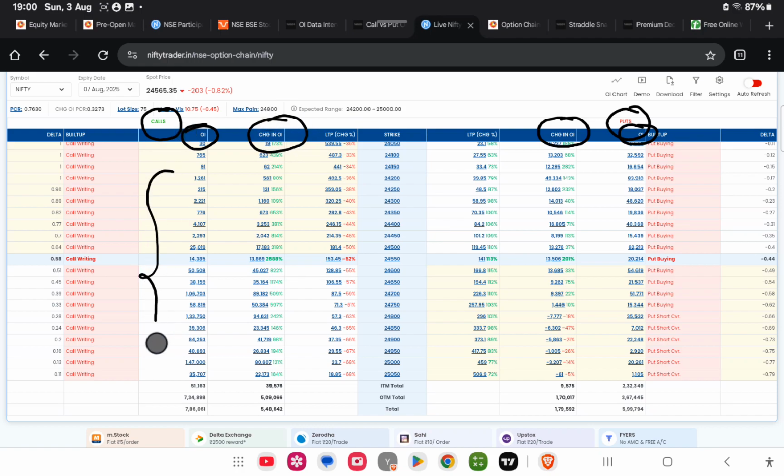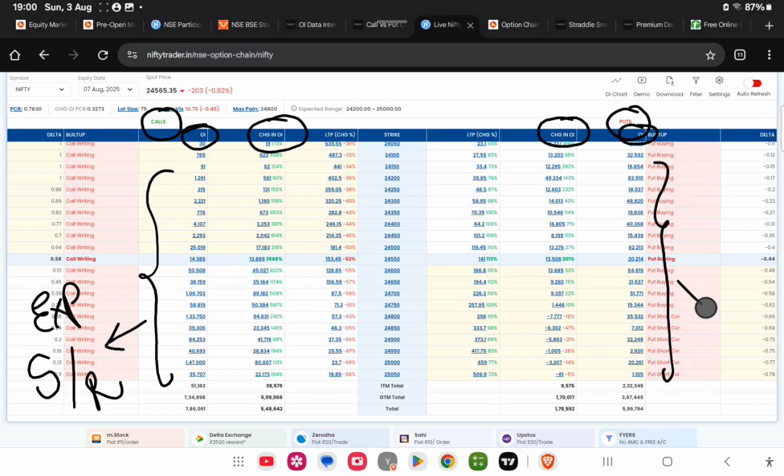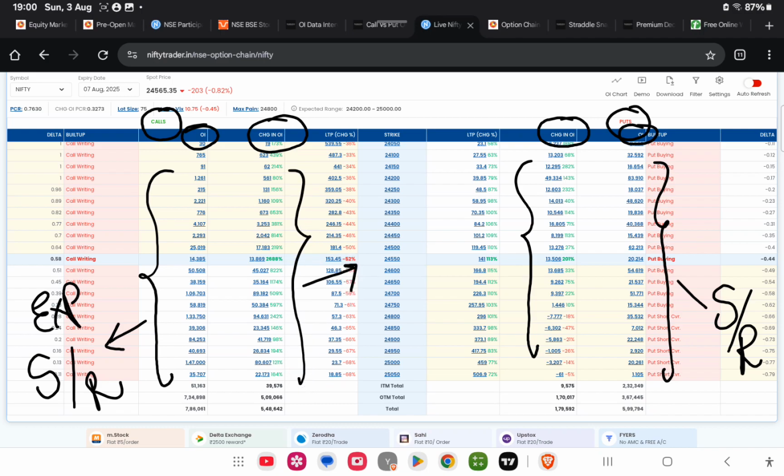So this basically gives us the expiry support and resistance. Okay, so where is that? The overall OI. So this actually shows the support and resistance, while this change in OI shows us the day, whatever day you pick up, that day's OI.